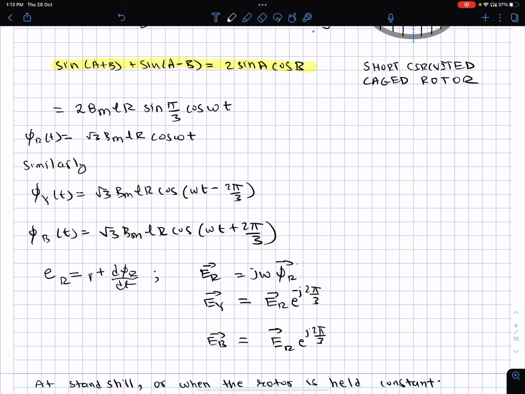So if you want, I'll write it k times, and for the time being assume k is 1, but actually it could be somewhat less than 1. It doesn't matter right now for our discussion, so that factor we can always carry forward later on.